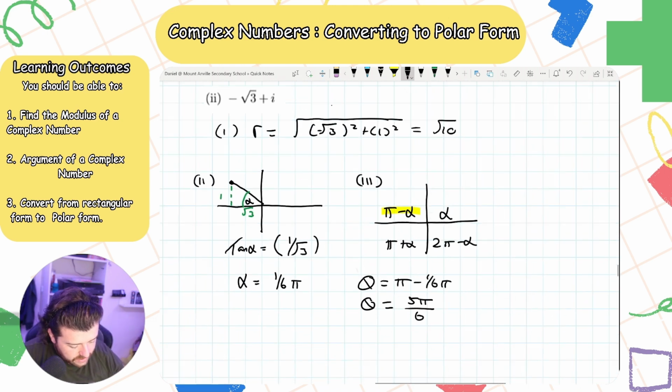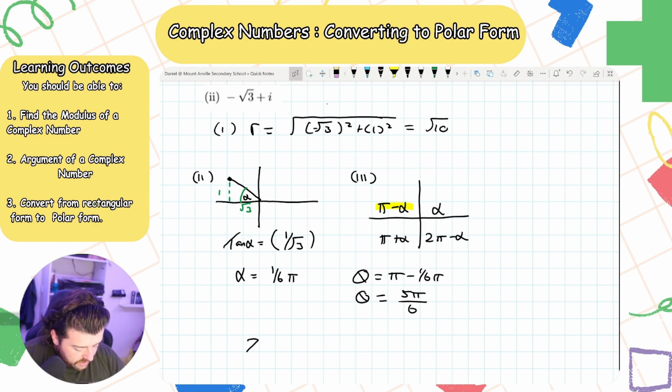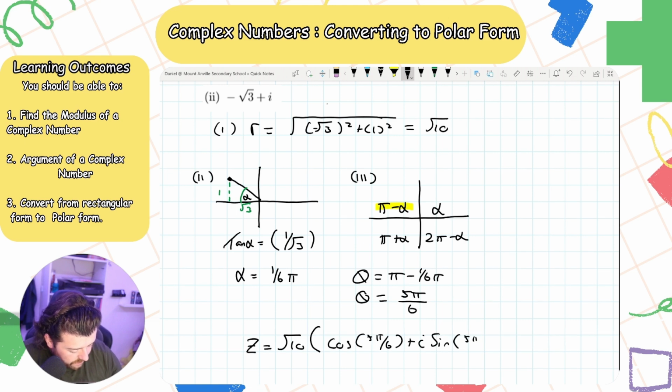That's my argument. Then in polar form, this is equal to root 10 times cosine 5 pi over 6 plus i sine 5 pi over 6. And that is how we do polar form.